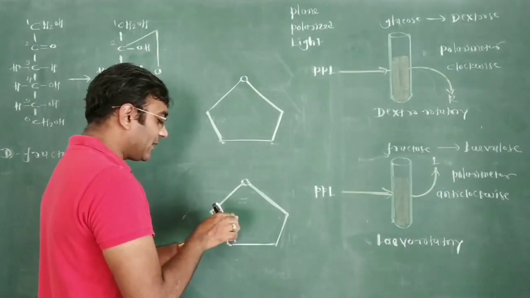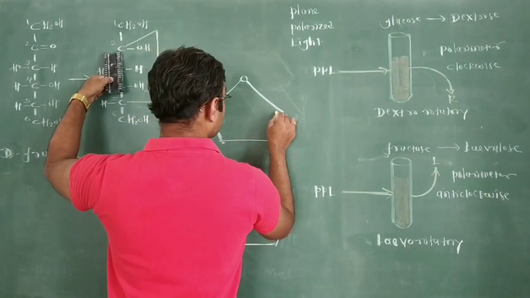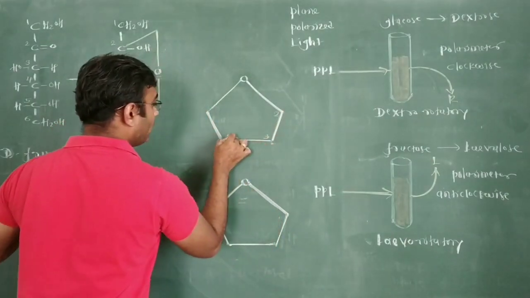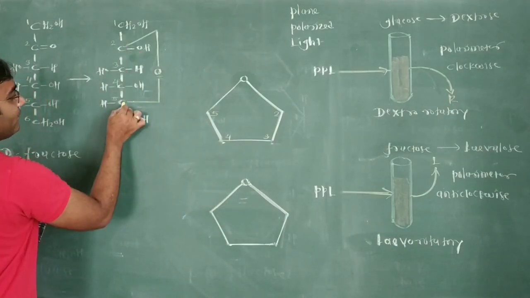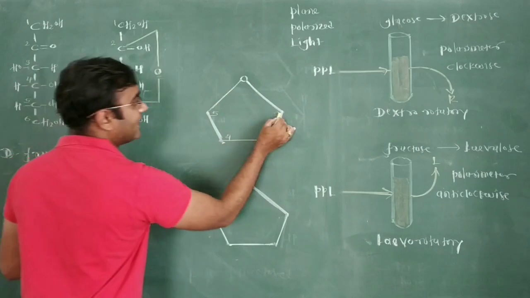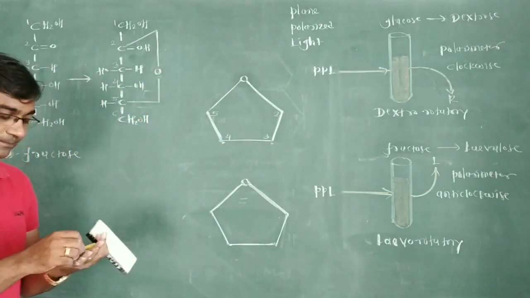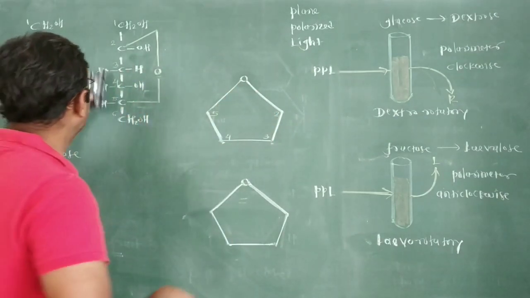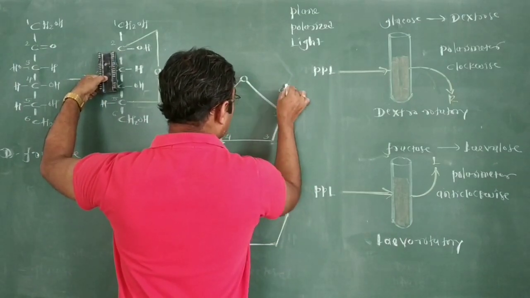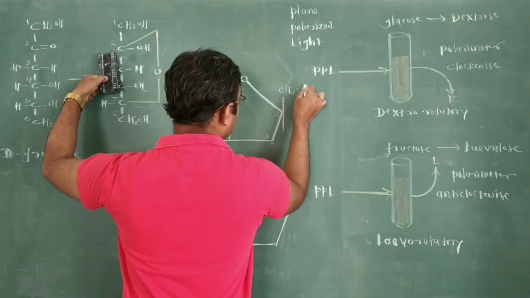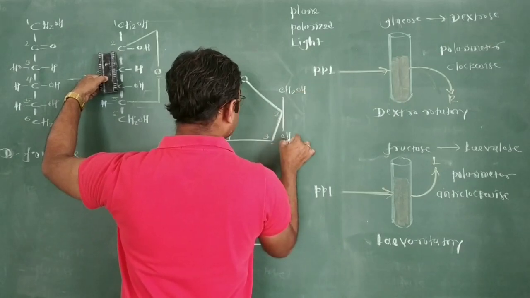This is second carbon, third carbon, fourth carbon, fifth carbon. See here, second and fifth are joined with the oxygen. Okay, now write the position of H and OH. First carbon outside the ring, CH2OH as well as OH.